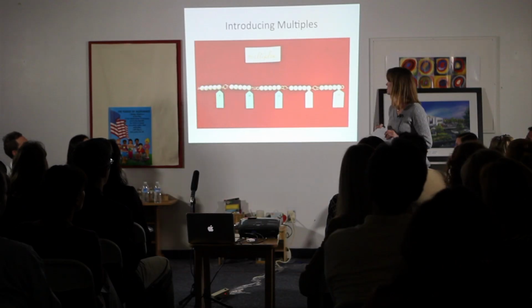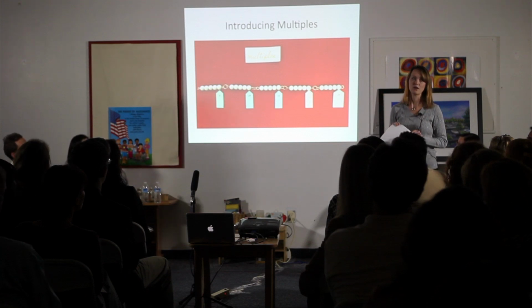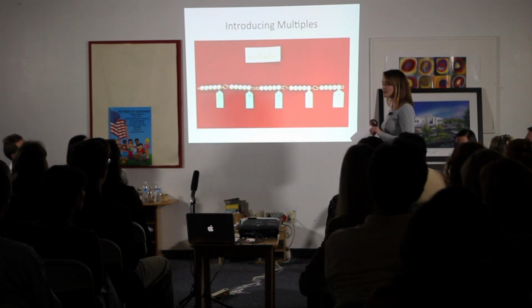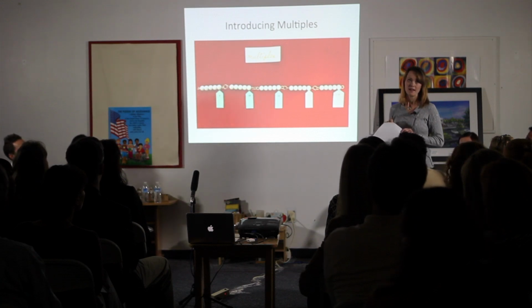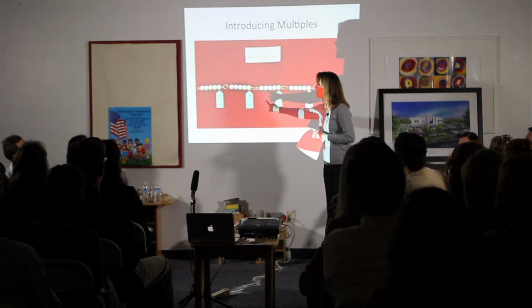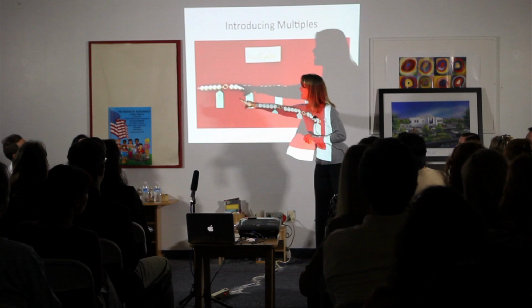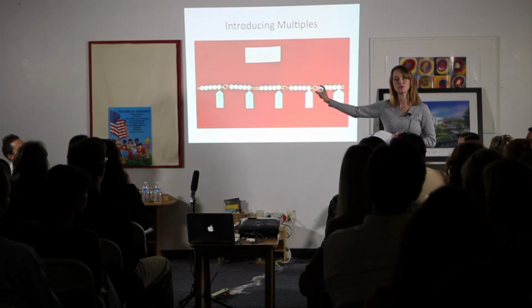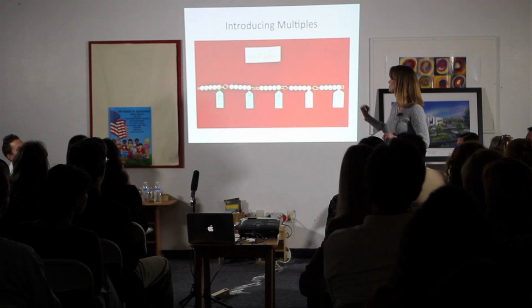But in elementary, what we do is we use this basis that they already know to point out the new thing, that these numbers actually have a special name. And that each of these numbers, for example, the 10, actually contains 5 2 times. And they can see that. There are 2 5 bars that lead up to 10.